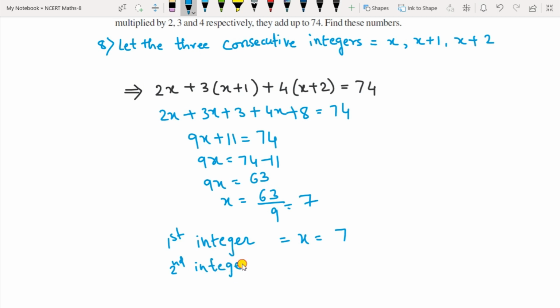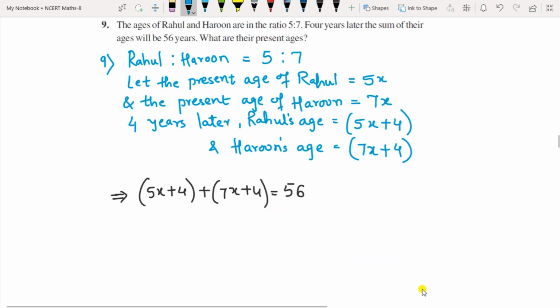So second integer is x plus 1, that is 7 plus 1 is 8, and third integer is x plus 2, that is 7 plus 2 is 9. So 7, 8 and 9 are the required integers.